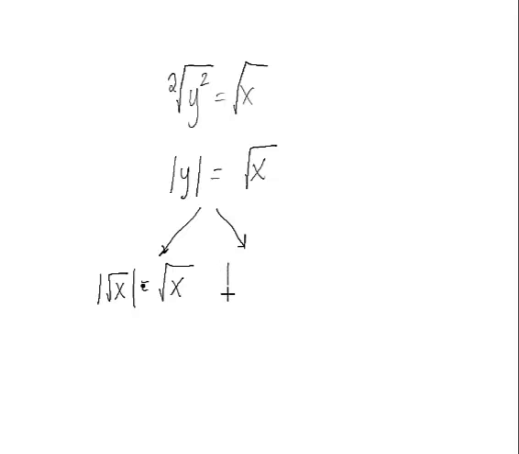And if we put in a negative square root of x, we would get the right side again, positive square root of x. So this absolute value just causes us to take y, which is the result of the square root of y squared, and when we take the square root of the right hand side, we have to put a plus or minus in front of the radical to account for these two possibilities.